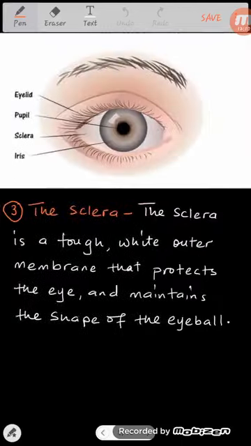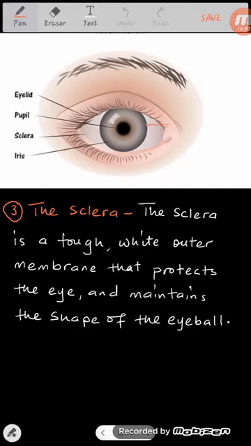Once you've understood the iris, you must now understand the other external part of the eye that we call the sclera. Now, the sclera is the whiter part of your eyes. When you look at someone's eye and you see that white part of the eye, we call it the sclera. Now, this sclera is a tough white outer membrane that protects the eye and maintains the shape of the eyeball.